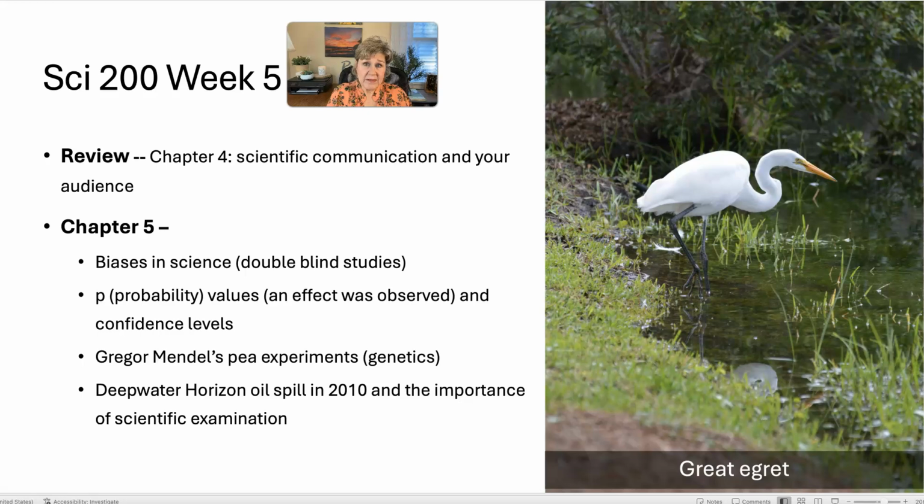Because of this, he figured out that there were some traits in the pea plants that would disappear in some generations, just be completely missing out of a generation. And then all of a sudden, when he continued to cross those plants with each other or other plants, he would see the return of those traits. He came up with the two terms, dominant and recessive traits, and you all know those.